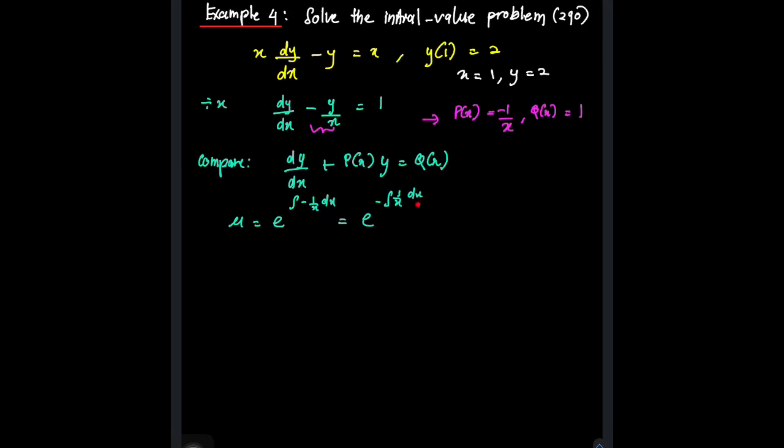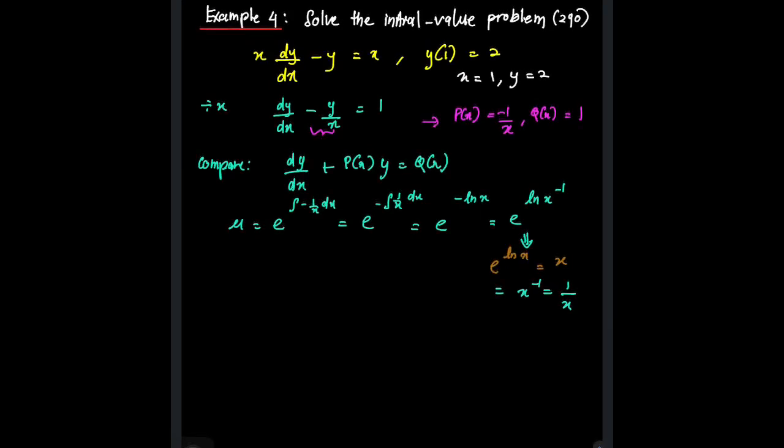So you integrate 1 over x, and you will get e power of negative ln x, or you can rewrite as e power of ln x power of negative 1, and then e power of ln x is actually equivalent to x. So in this case, you get x power of negative 1. Therefore, your mu is equivalent to 1 over x.